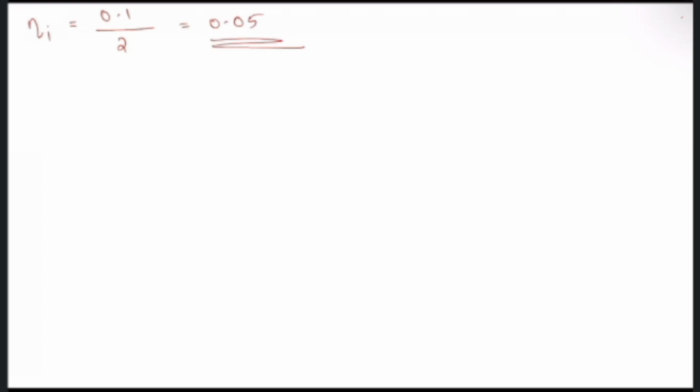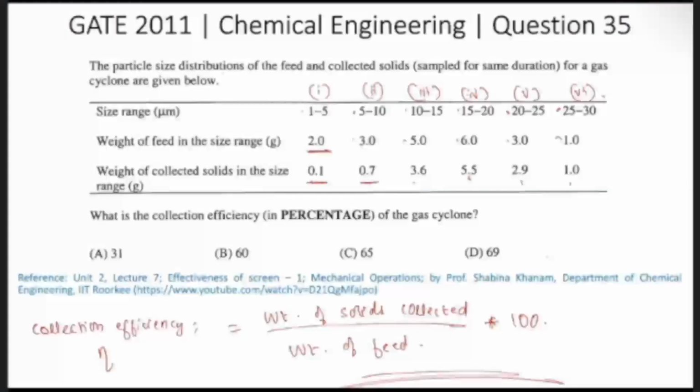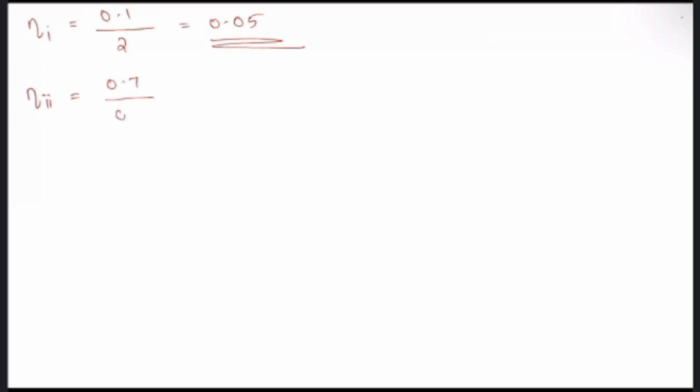Similarly, we can write the efficiency in size range 2 as 0.7 divided by 3, and this will be approximately 0.233.